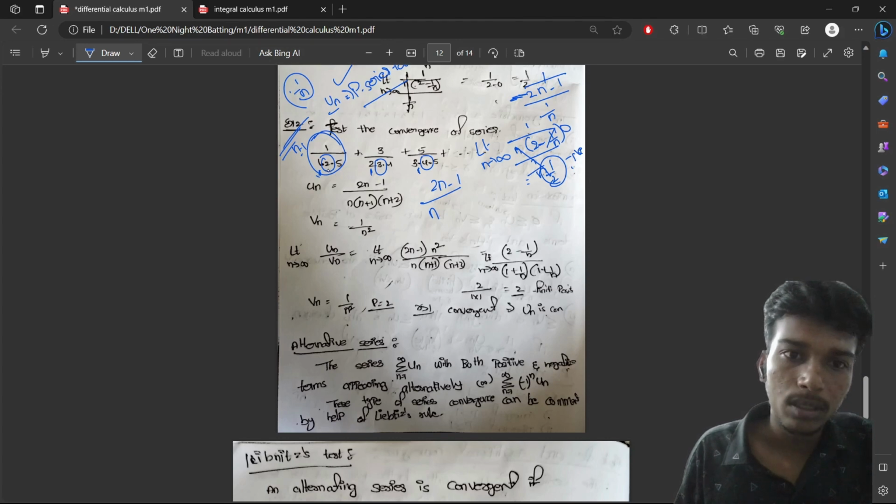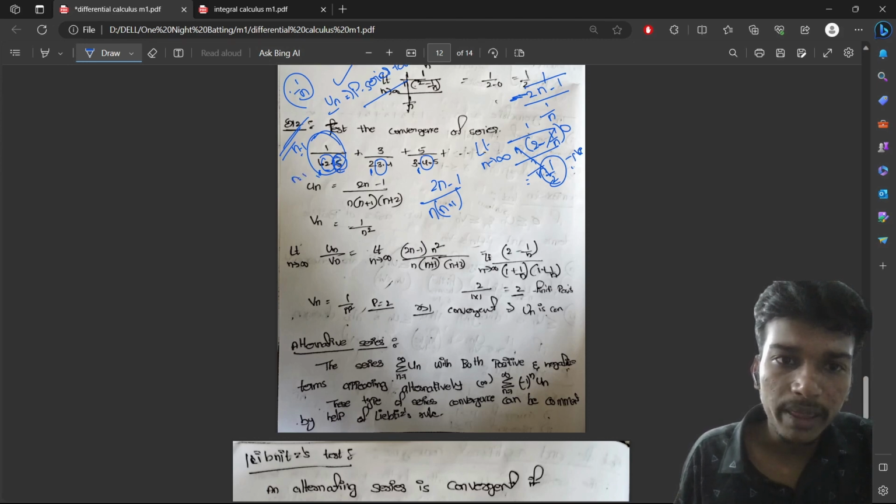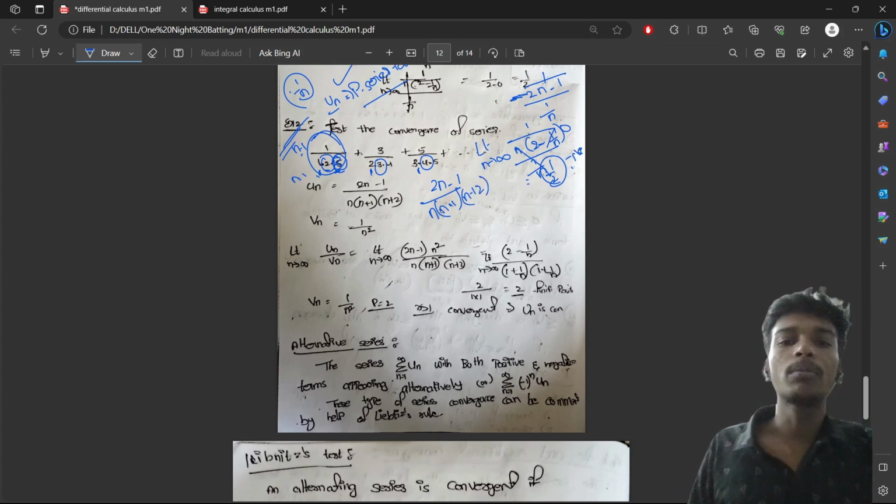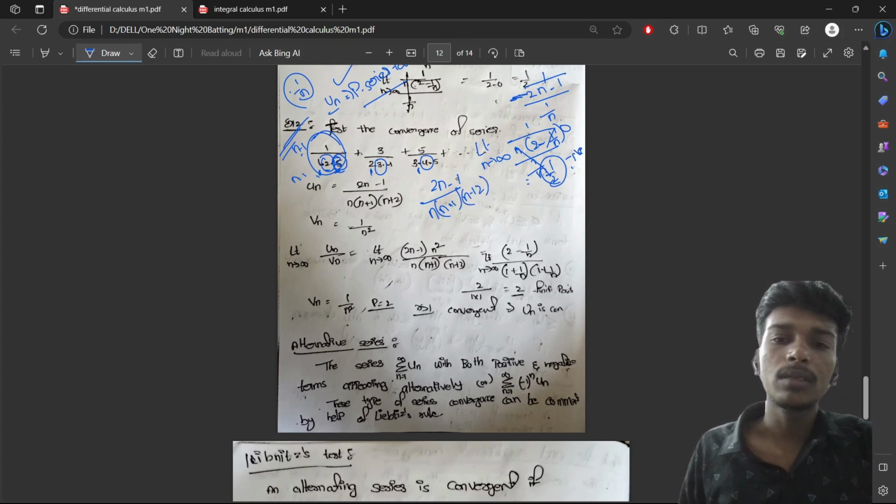As n value equal to 1, to get 2 here, we have to take n plus 1. If n value is 3, not 5. If n value equal to 1, to get 3 over here, we have to take n plus 2. This is how we form Vn, Un, we form Un.